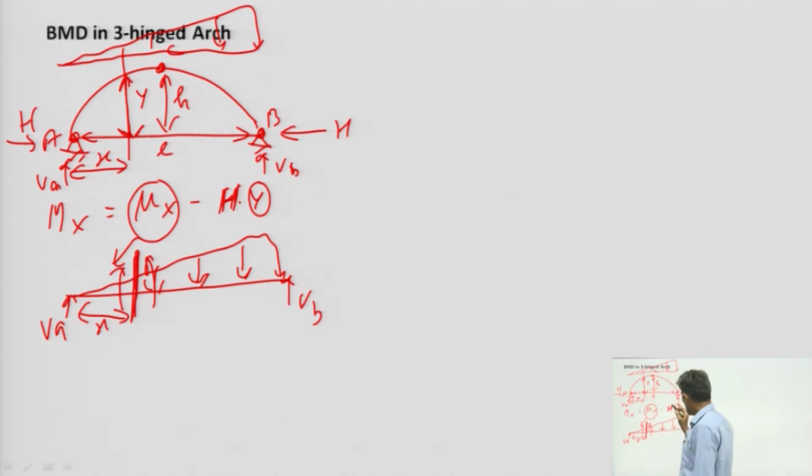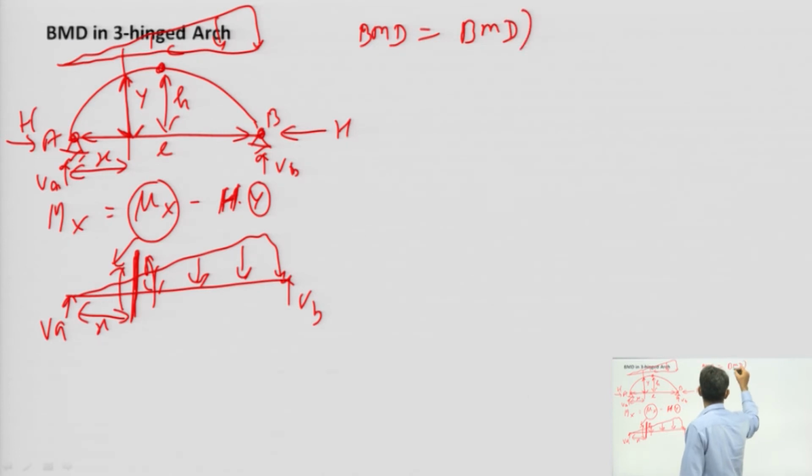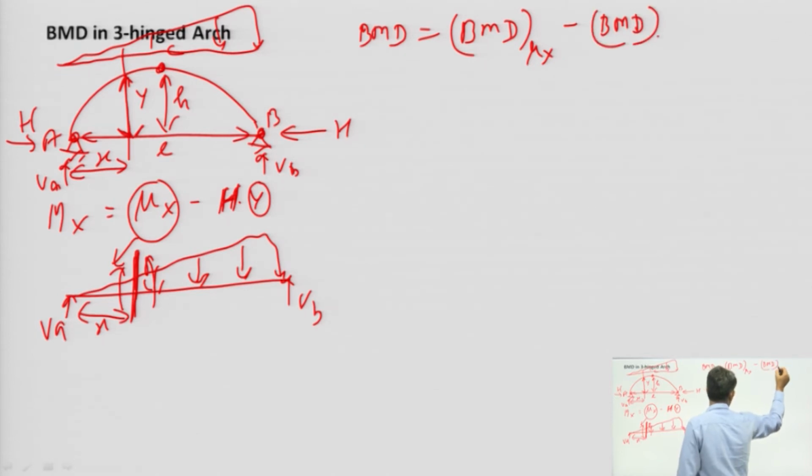So, the bending moment in the arch is the plot of BMD for mu x minus BMD for h into y.